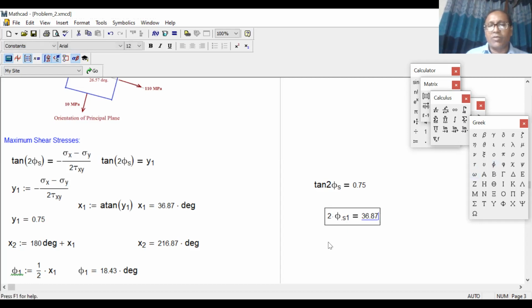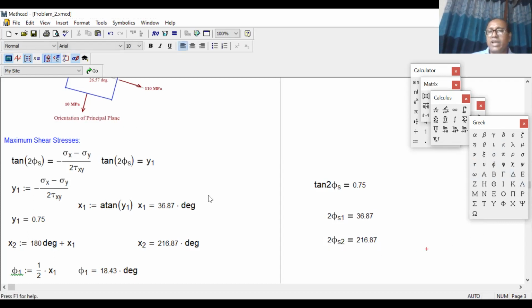So what will be the other one? 2 phi s2 is equal to 180 plus 36.87, so I'll get 216.87.